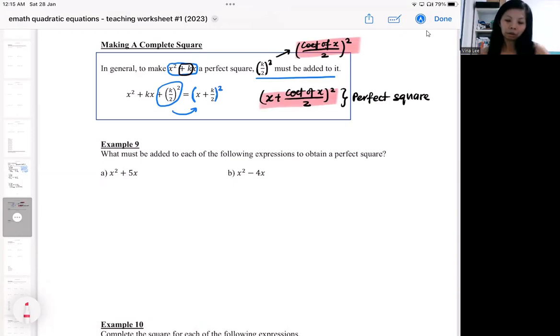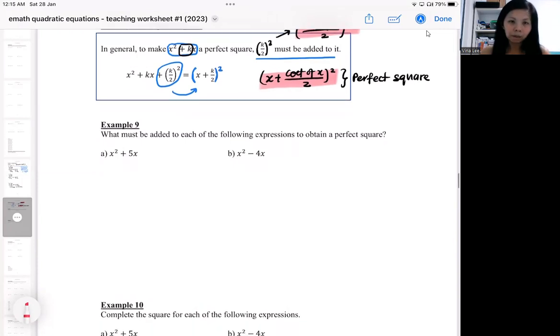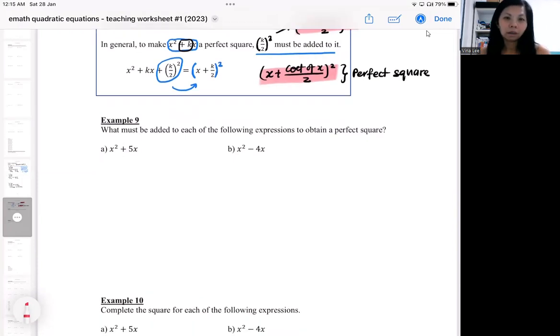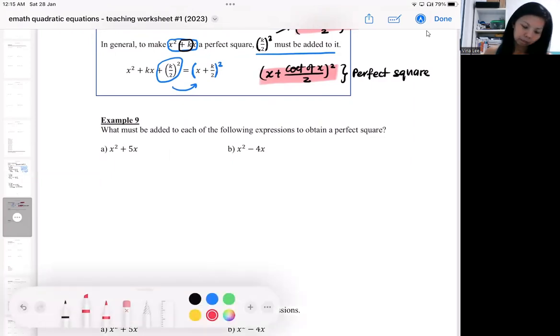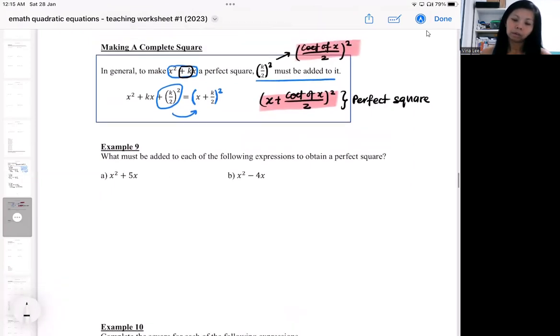So we are going to explore two types of questions. In example 9, the question is: what must be added to the expression to obtain a perfect square? So we are adding the coefficient of x divided by 2, squared. First of all, you take note of the coefficient.